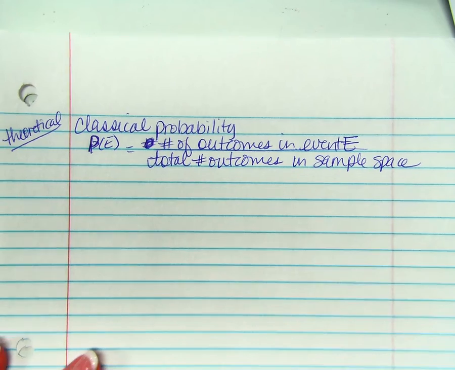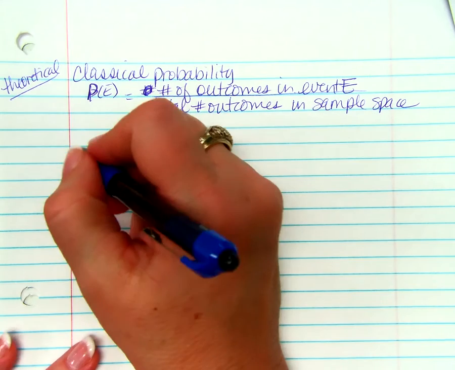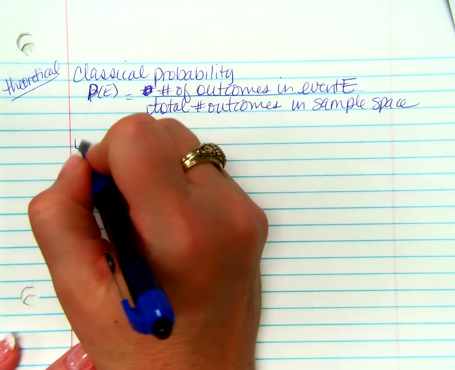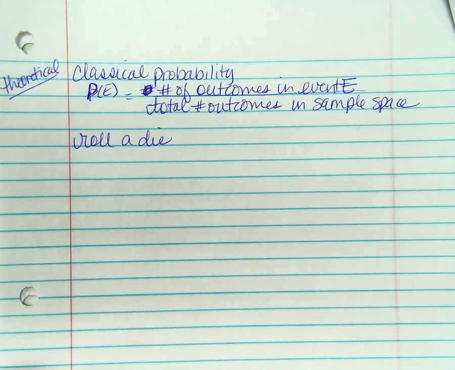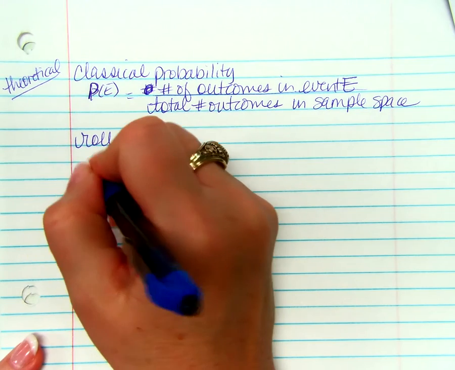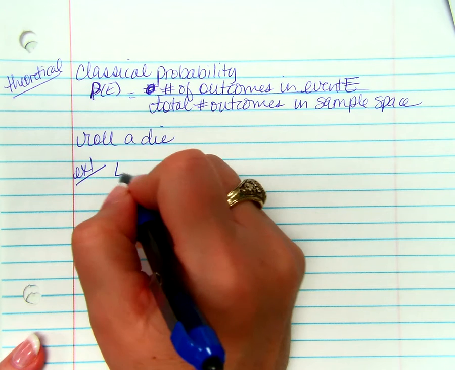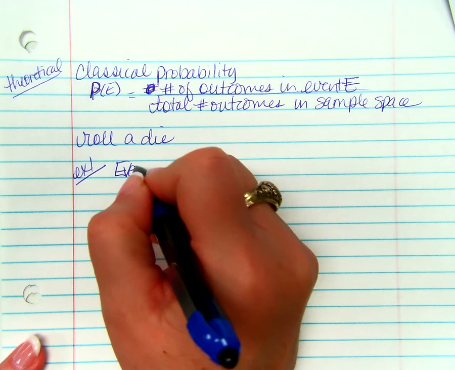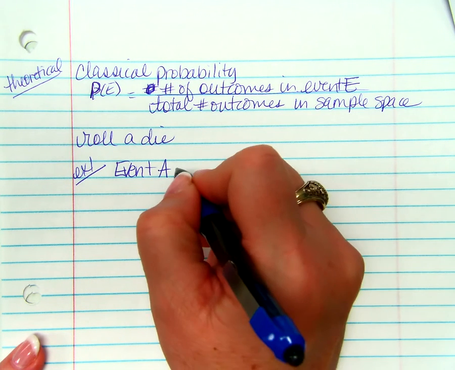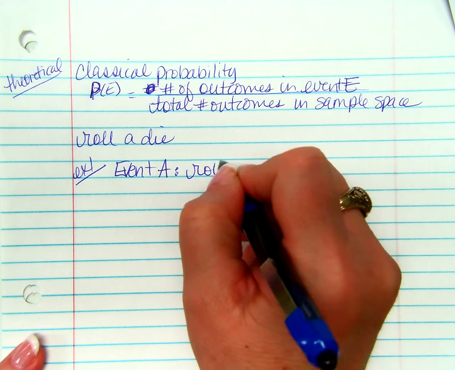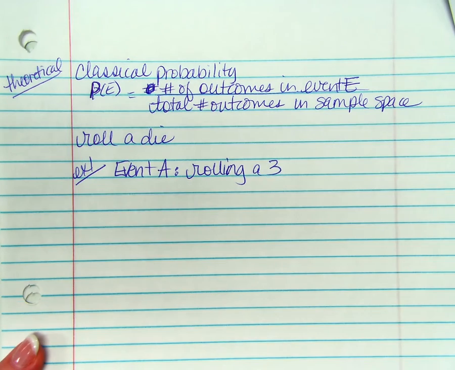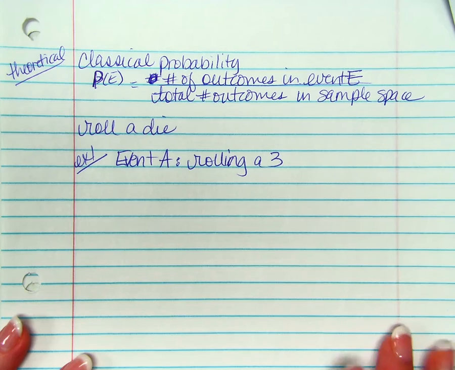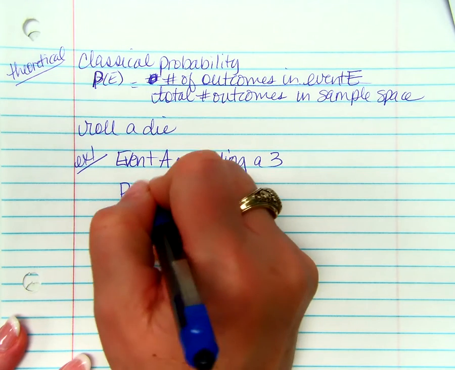Let me give you some examples of that. We're going to roll a die. Example 1. Event A: we're going to call event A rolling a 3. What is the probability of event A?